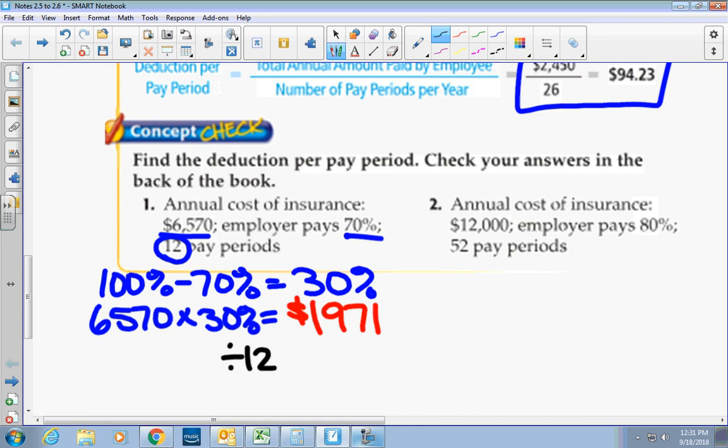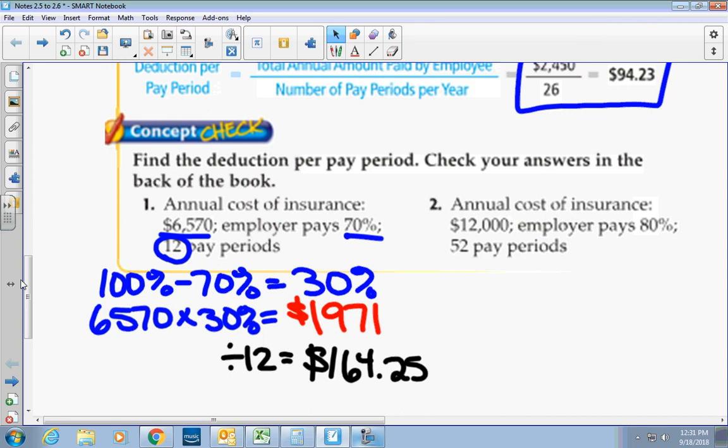So that's divided by 12. That's $164.25.